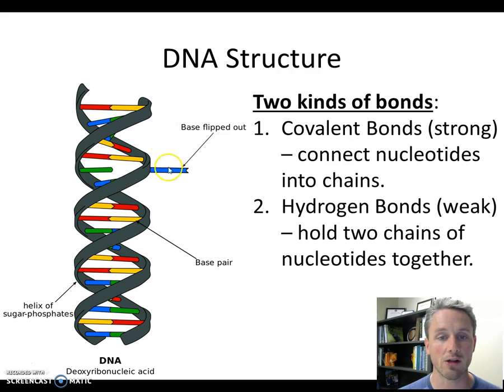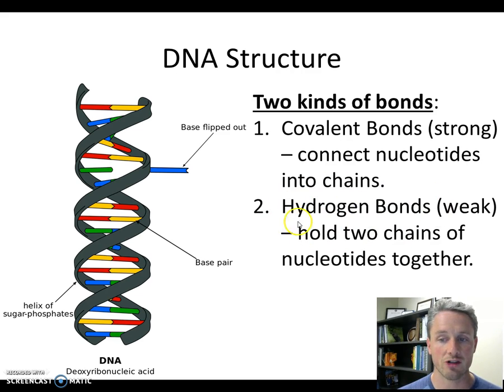So in our DNA molecule, we put together lots of strings of the letters A, T, G, and C in whatever order is required by the organism. Those strings are held together by the strong covalent bonds. Then we take two of those strings that are complementary to one another, and the complementary base pairs, A with T or G with C, hold those two strings to one another.